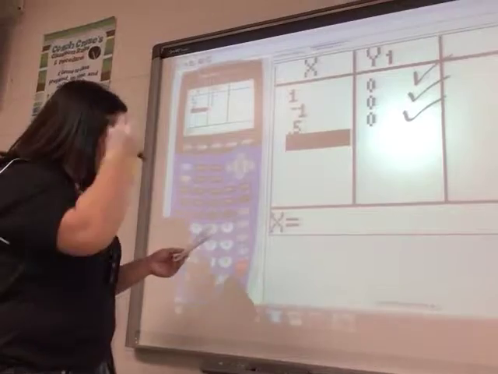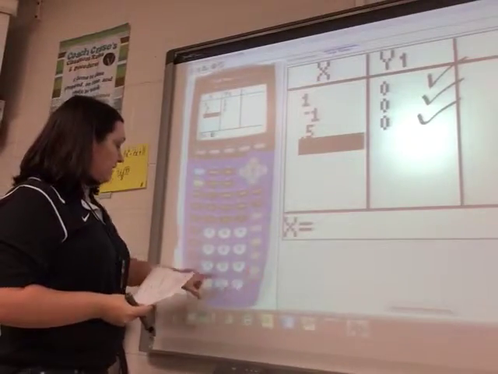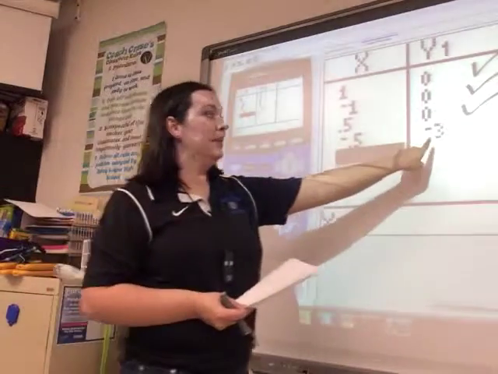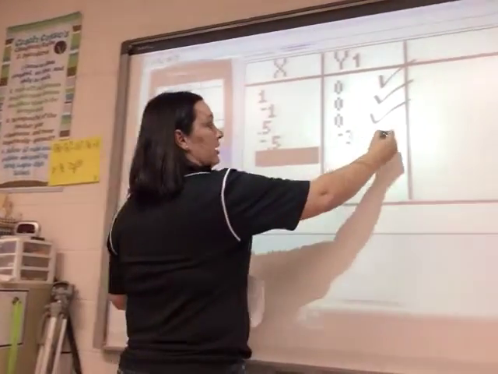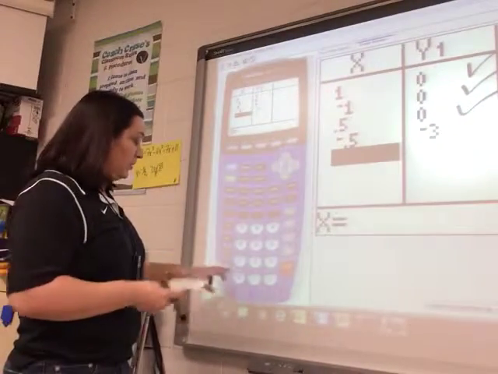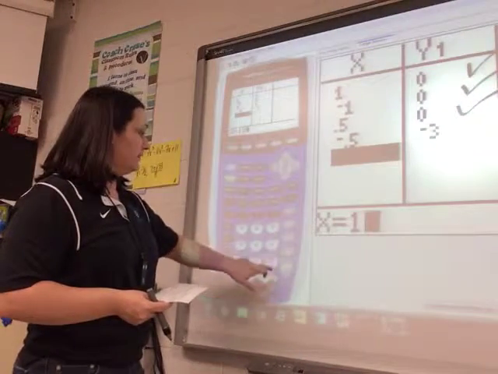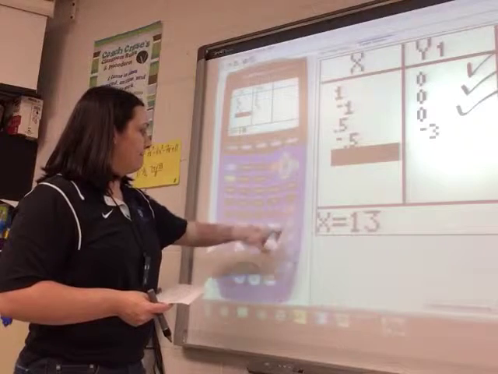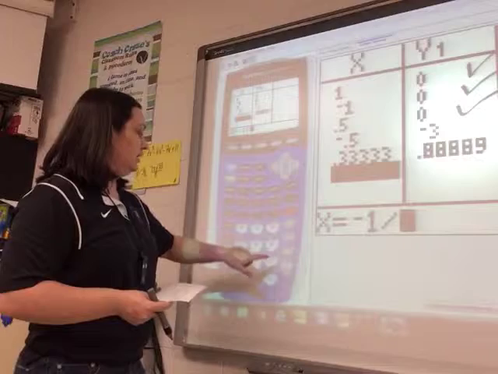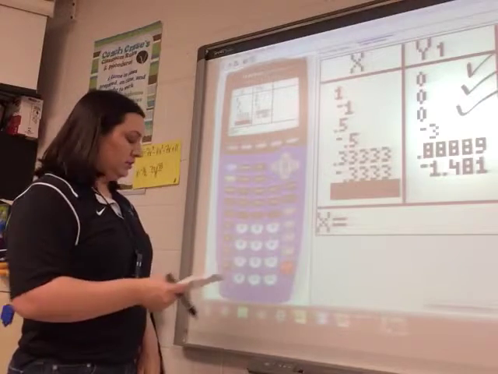Let's see if I can find the other one. Let's type in -1/2. That one's not, because it gave me a -3. So this one is not a solution, not a 0. Let's type in 1/3, which was next. That one doesn't work. Try the negative version, -1/3. That one doesn't work.